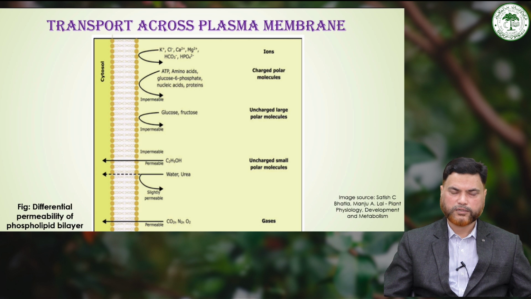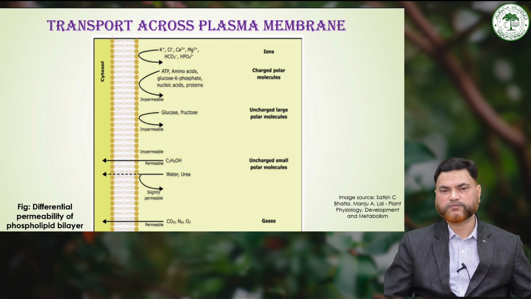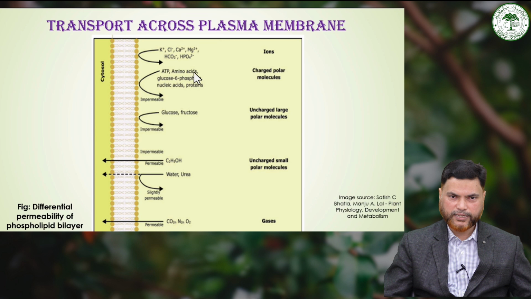So, transport across the plasma membrane could occur in two ways: one is passive transport and the other is active transport. These cations, bicarbonates, calcium and magnesium cannot cross the plasma membrane without the aid of anything else.